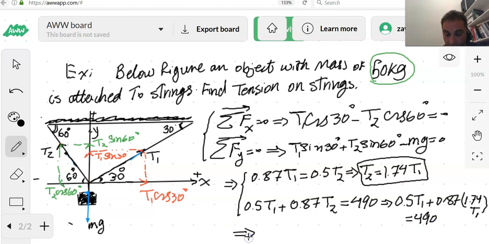Now solve for T1. I'm going to have 0.87 times 1.74, correct, plus 0.5, that's 2.01. So 490 divided by 2.01 becomes 243.